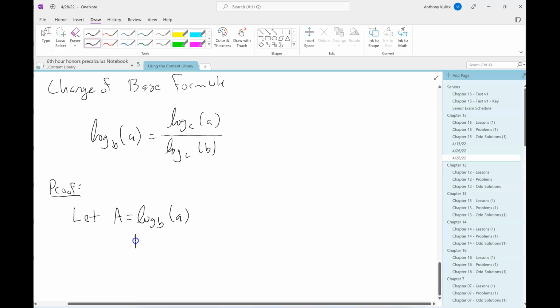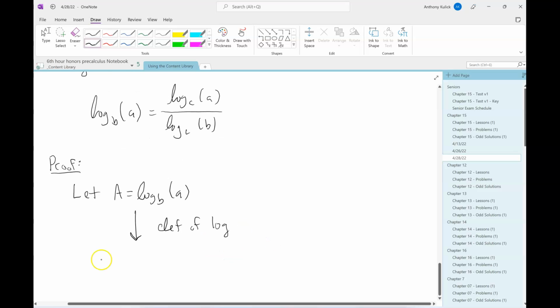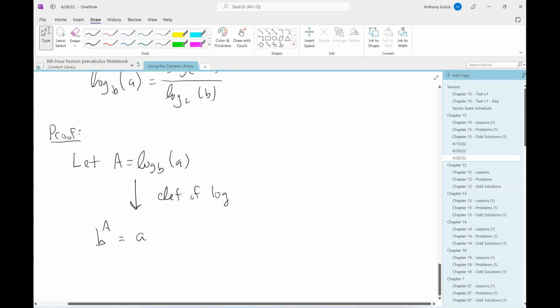Okay. And I'm going to use my definition of a logarithm to rewrite that as an exponential equation. Everybody's cool with that?